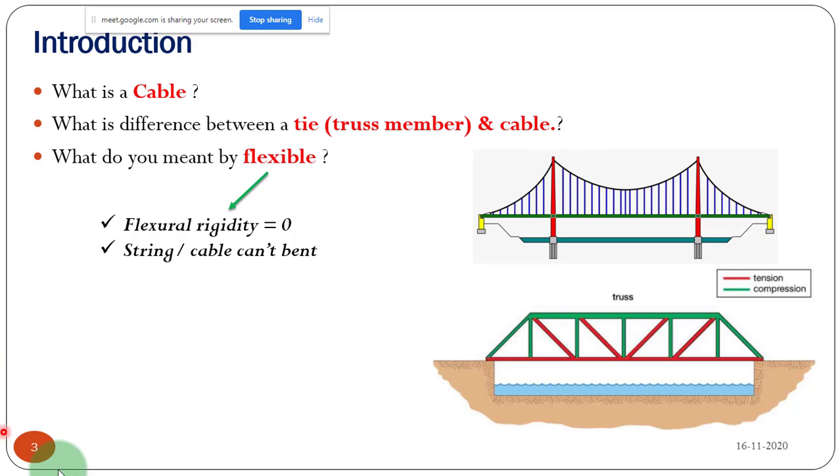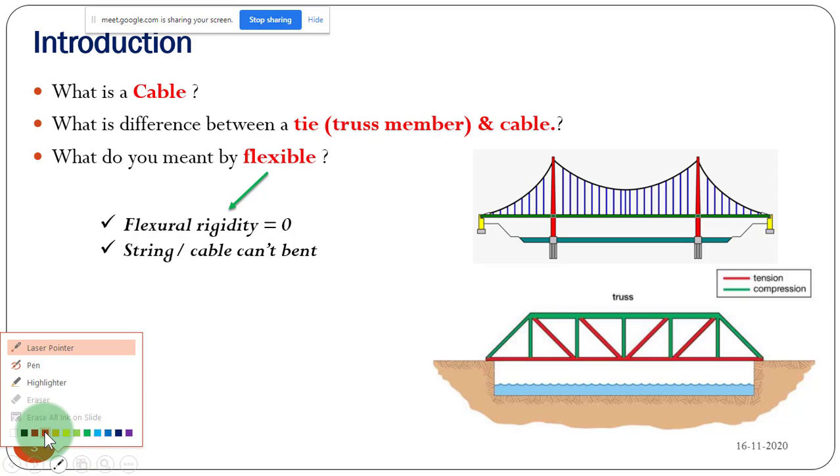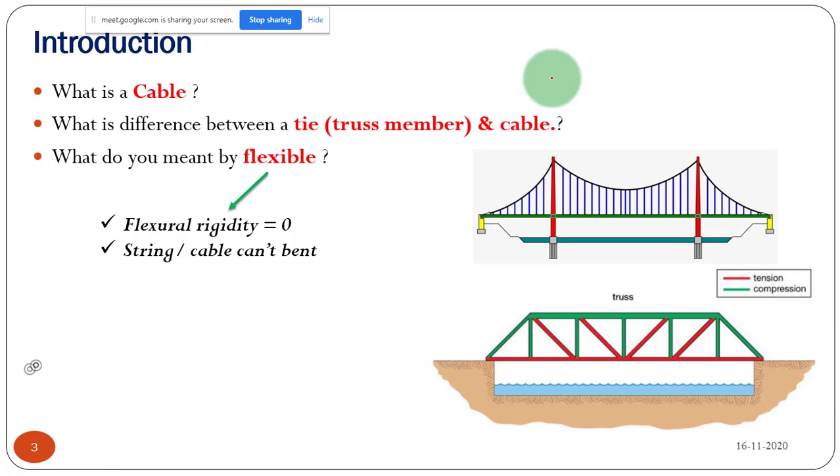Suppose you have a beam, and you apply some load, it will transfer the load by bending action. It will bend, and then it will transfer the force to the support or columns, whatever it is.